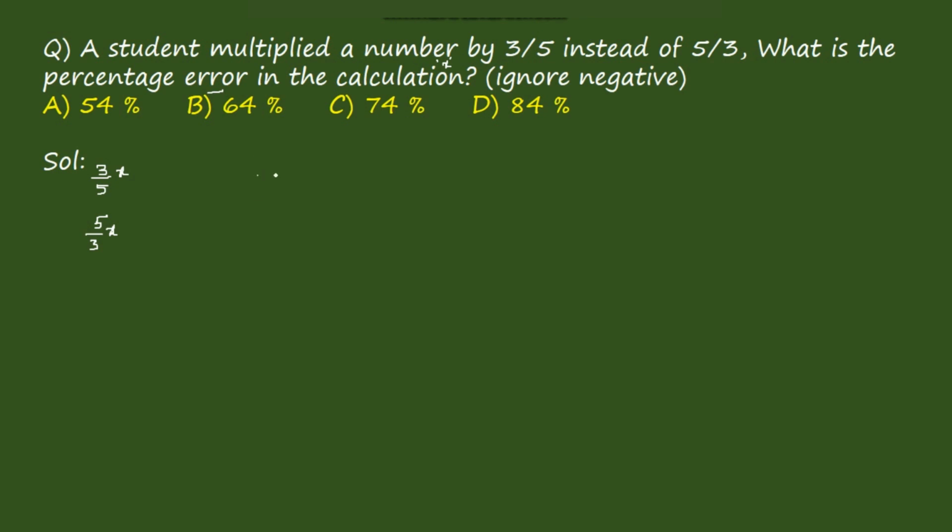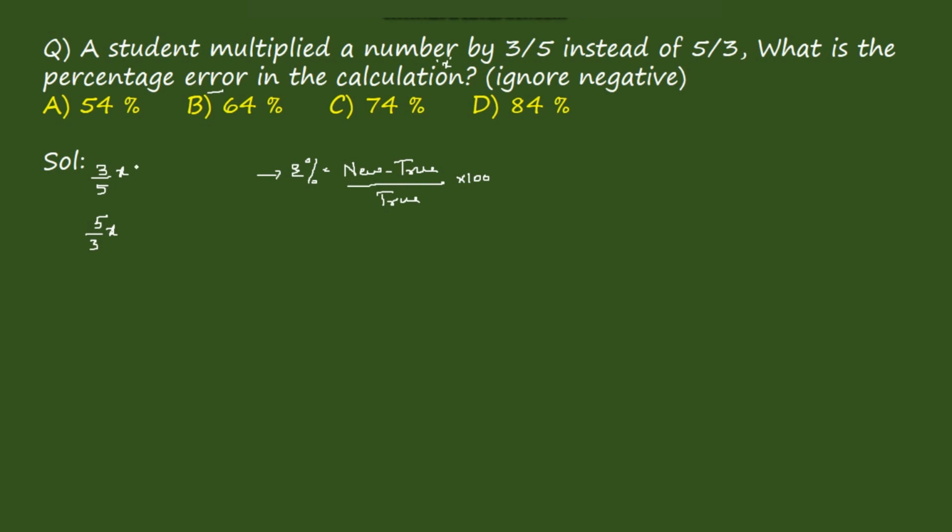We know the formula for error percentage. Error percentage is equal to (new number minus true number) by true number, into 100. What is the new number here?